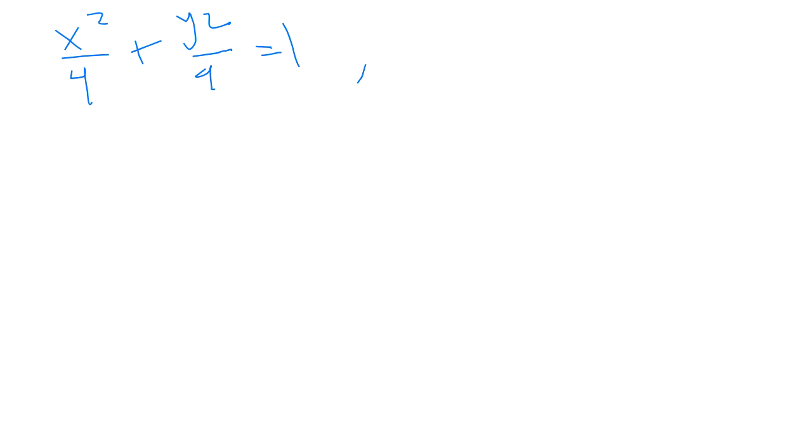And the final answer you get for dy over dx should be negative 9x over 4y.